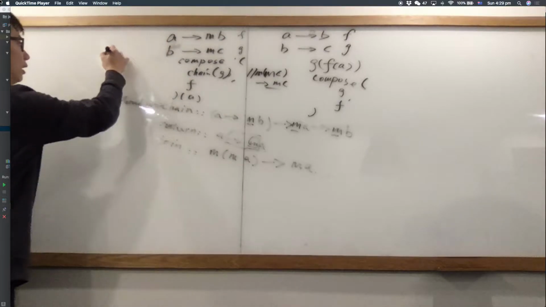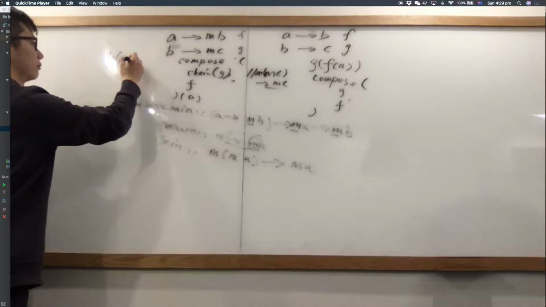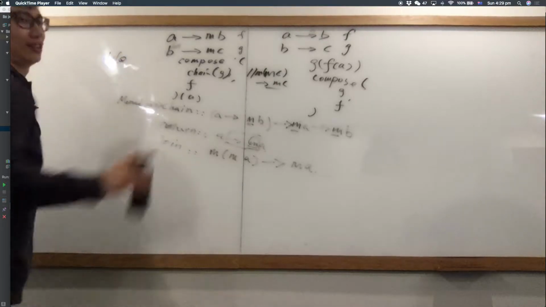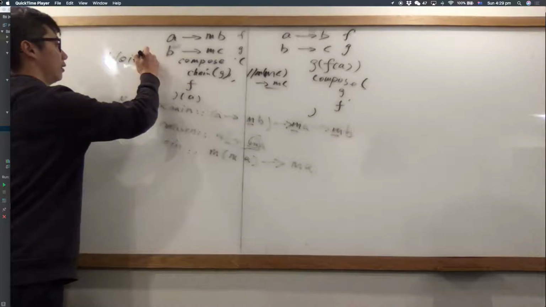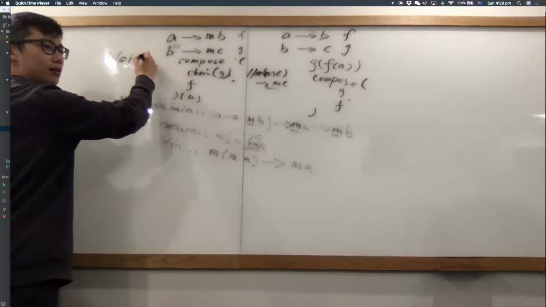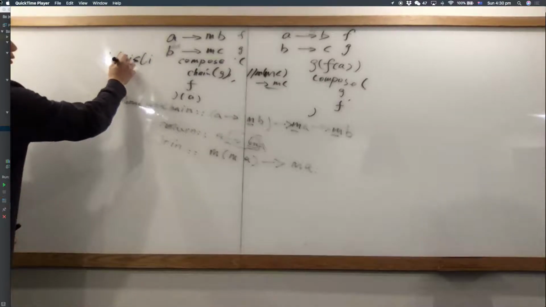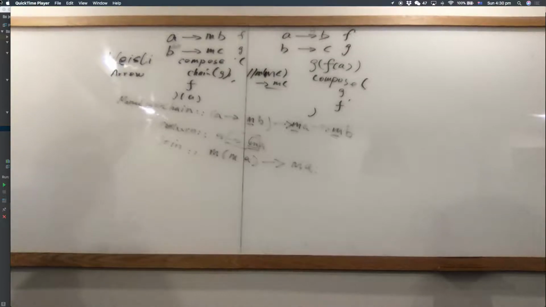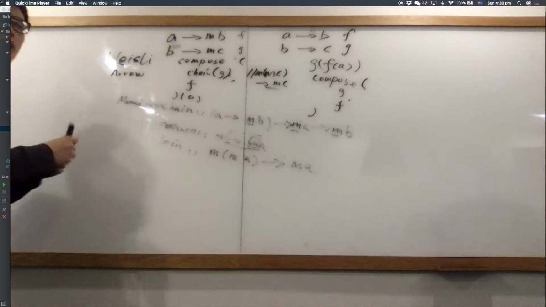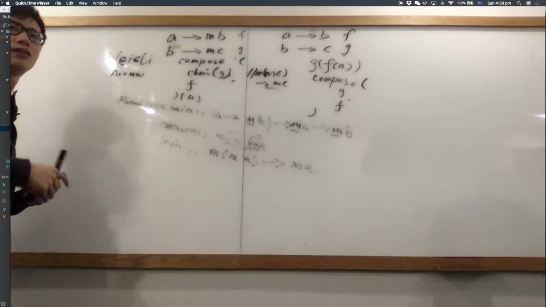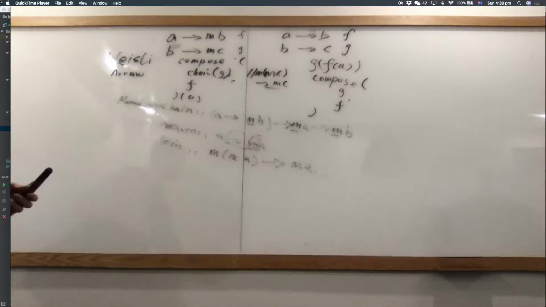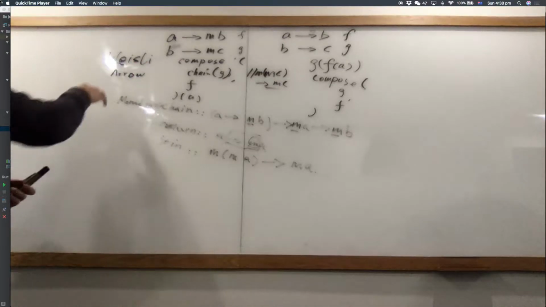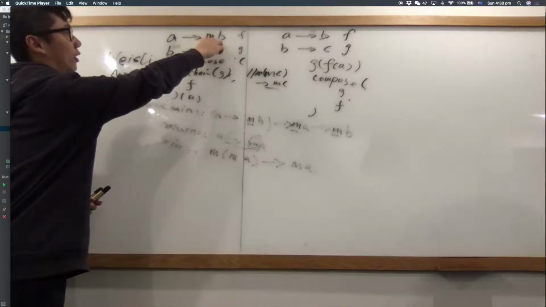We call this kind of function a Kleisli arrow. A Kleisli arrow is you have a value and you produce another value in the context.